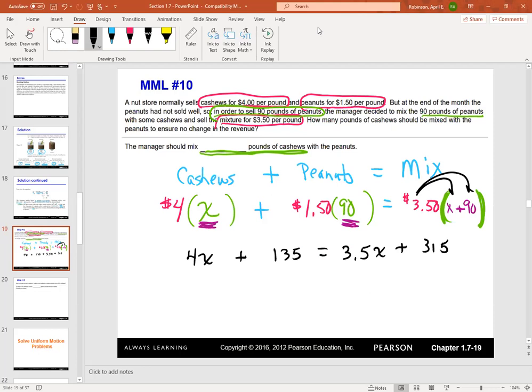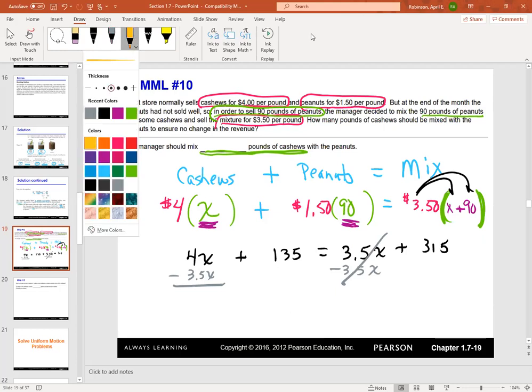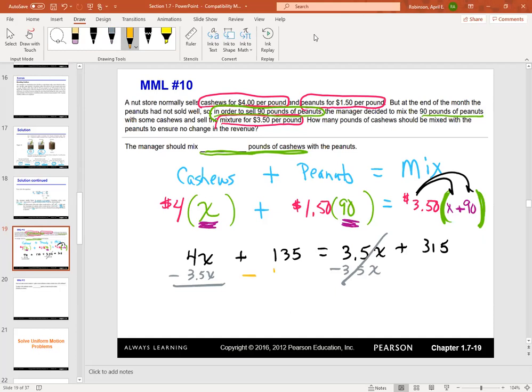Now, I've got more than one X in the problem, so I need to subtract that off. So I'm going to subtract 3.5X from both sides. That way it cancels out here. But in the same breath, I'm also going to get rid of this 135 by subtracting it.